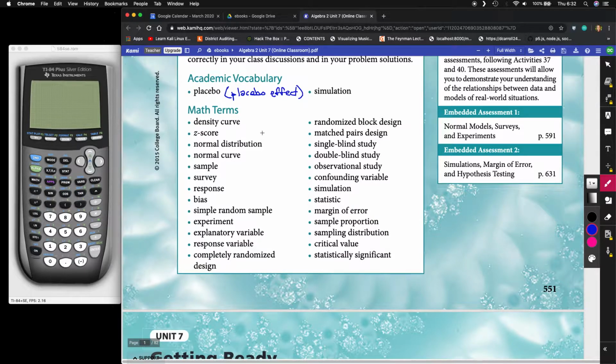Anyway, math terms: density curve. There's a whole class of curves in mathematics called probability density curves, or probability density functions. They're pretty similar to what you're used to in regression analysis, meaning like the line of best fit.